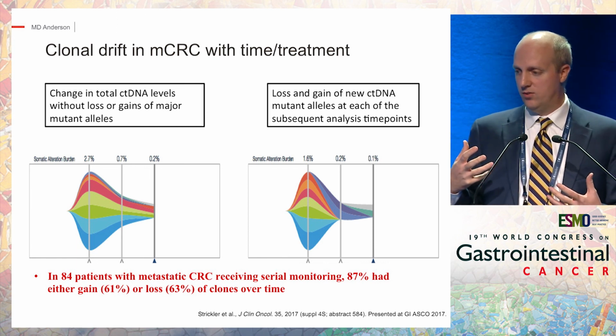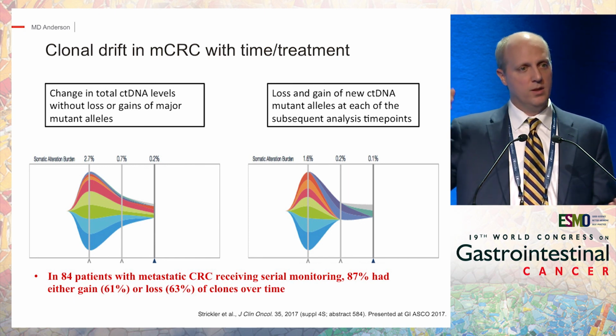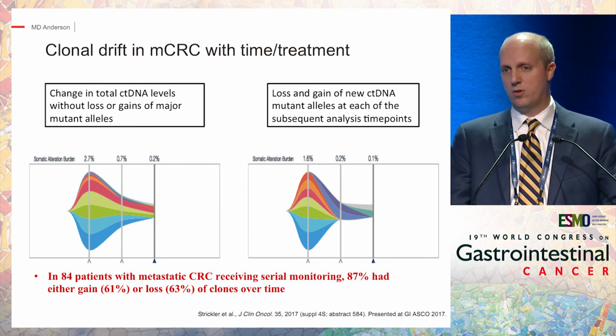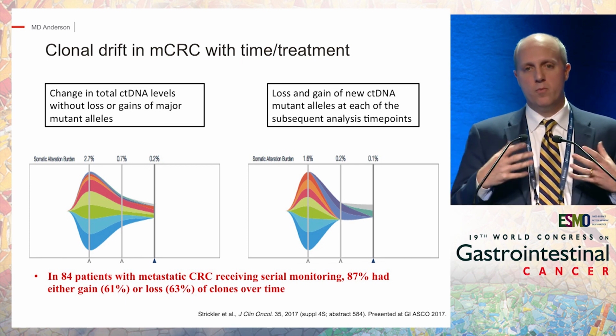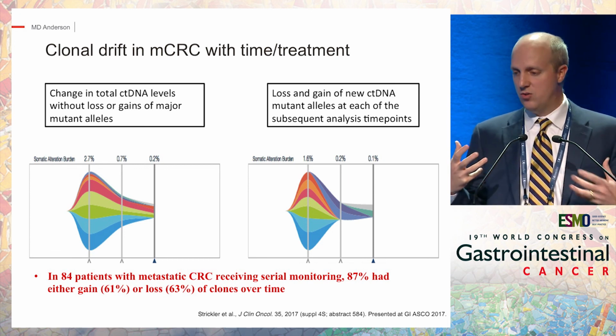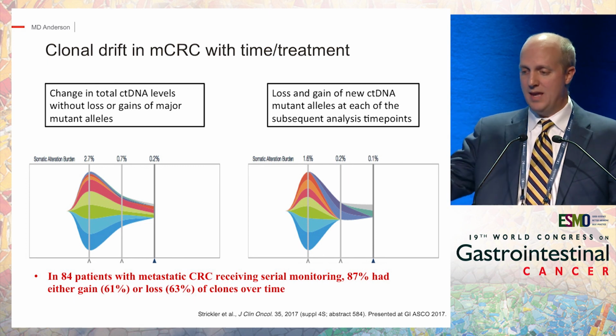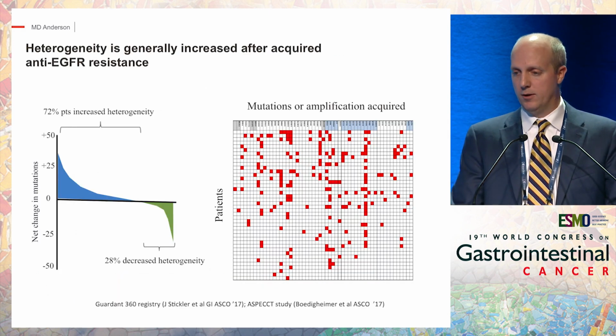And this is another patient of ours where there was a completely different distribution of clones present at different time points of the treatment. So when we put this together, we can see really interesting insights into the tumor biology, with both gains and losses of clones over time with serial monitoring.